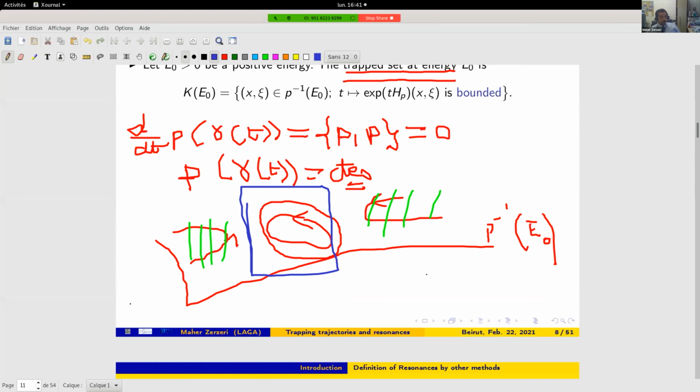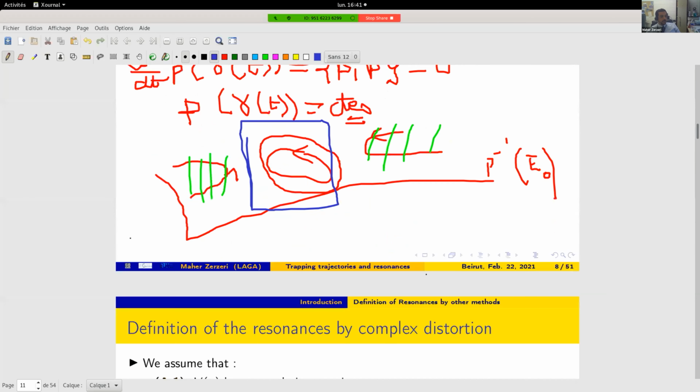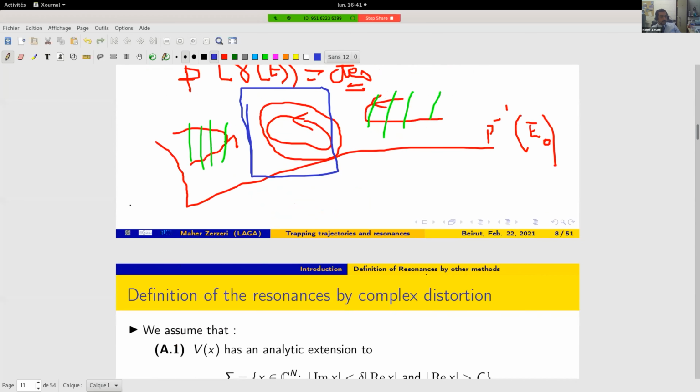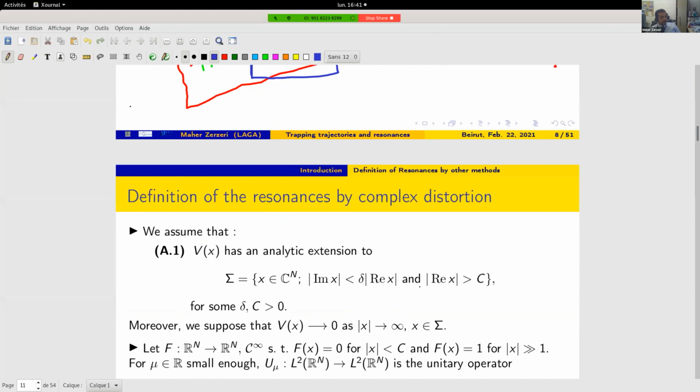what we call the complex distortion. So what is it, the complex distortion? You must assume that our potential has an analytic extension in some domain near the real. So here you have Rn.